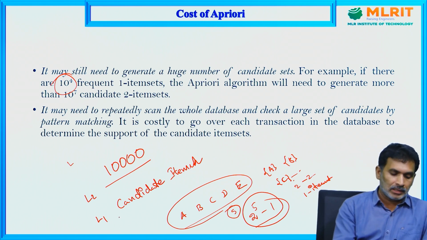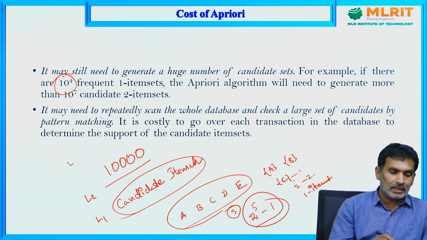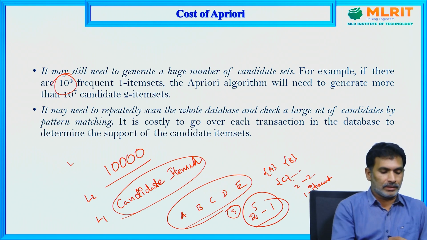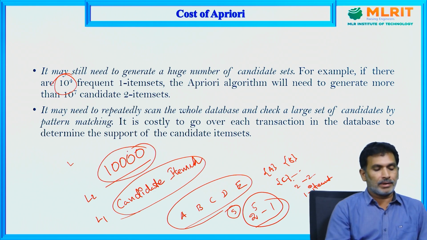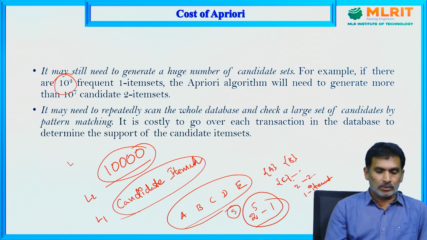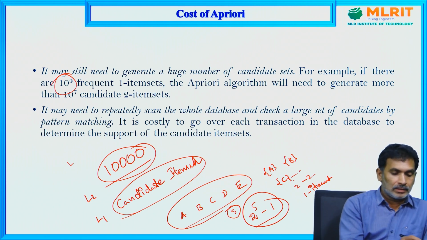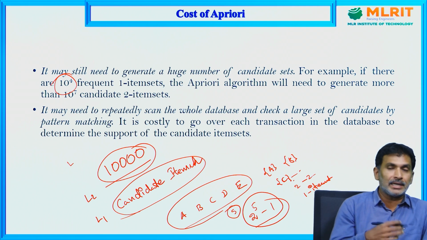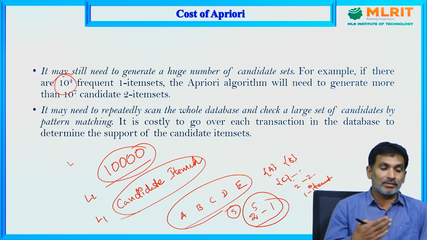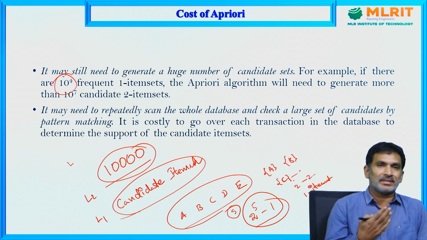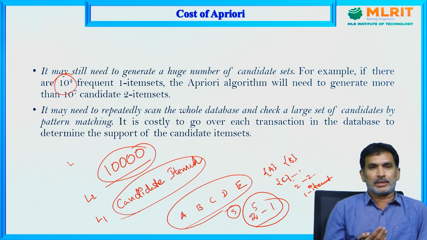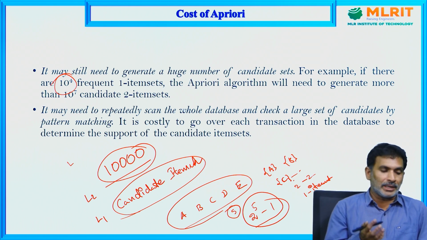That means at level 1, there are 10,000 frequent one item sets. So the Apriori algorithm will need to generate the next level, that is 2 item sets, candidate item sets. These are not frequent item sets yet, these are the potential item sets. So we have to determine whether these candidate 2 item sets are frequent or not, we have to scan the entire database.